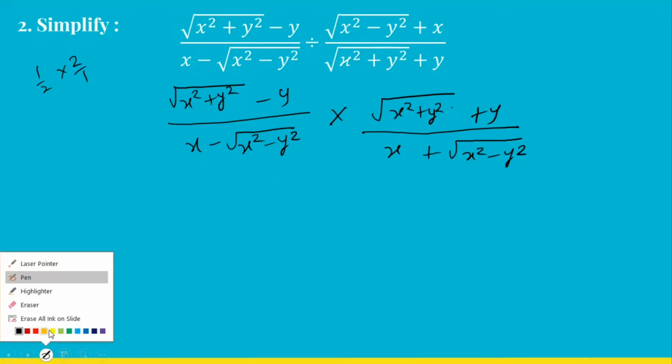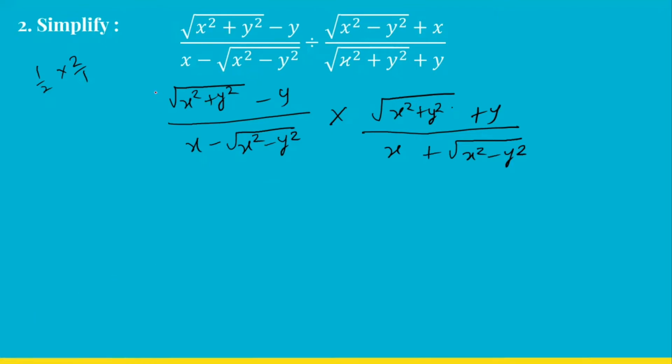This is a minus b into a plus b. Again, this is a minus b into a plus b. This is your a and this is going to be your b. So we have a minus b into a plus b is equal to a square minus b square.